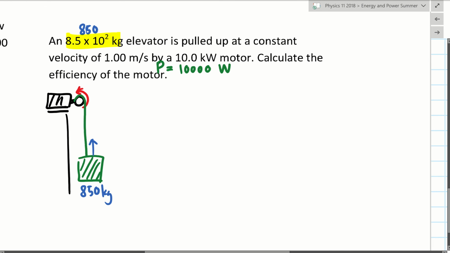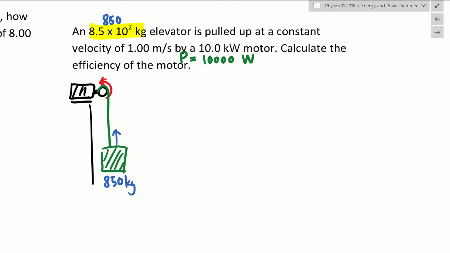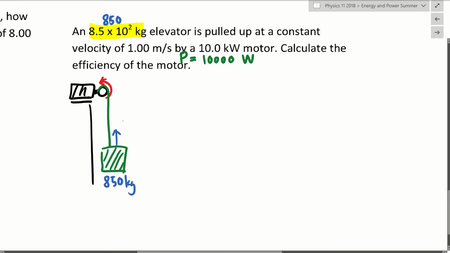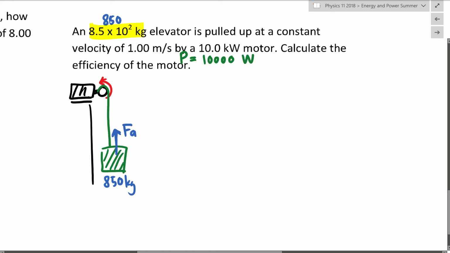For the box to go up, the applied force, the amount of force that we need to apply to it, in this blue free body diagram, must be at least the force of gravity of the object. It can be more, but you have to at least match the force of gravity. Otherwise, the box won't even go up to begin with.